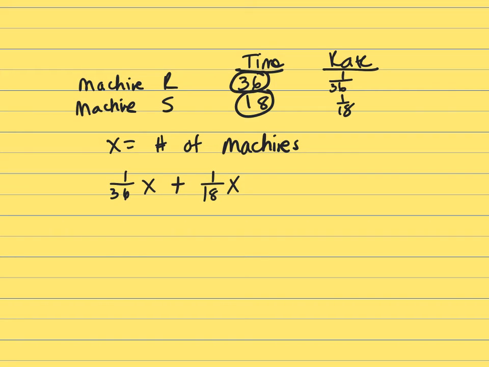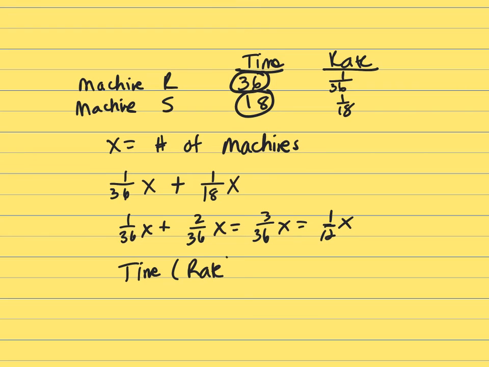With a common denominator, that's going to be 1 over 36 x plus 2 over 36 x, which is 3 over 36 x, which is 1/12 x.